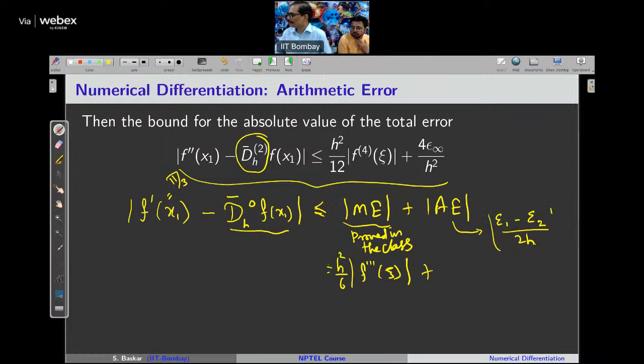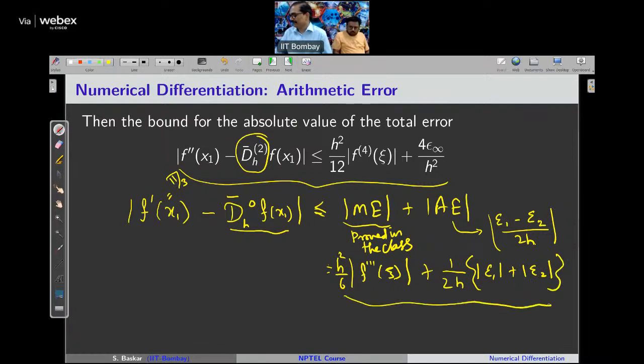If you take the modulus inside, you will have 1 by 2h into mod epsilon 1 plus mod epsilon 2, right? So this is what you will have.